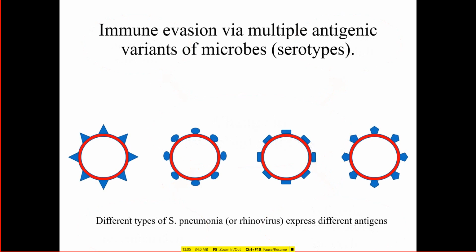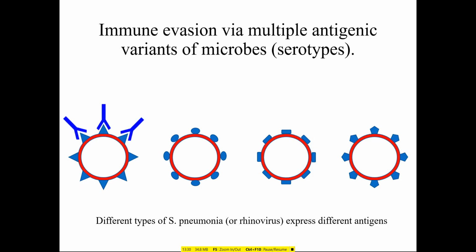So pneumococci are a good example of that. Pneumococci can cause lung infection as well as CNS infection. But the point is that when you say Streptococcus pneumoniae, and actually you can see it in rhinoviruses, the ones that cause the common cold, they have many, many different types, and each type has its own antigen. So as a species, they have different subtypes.